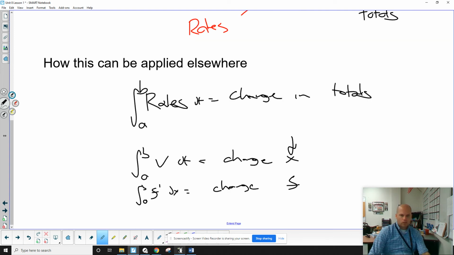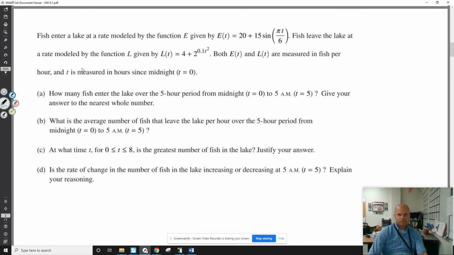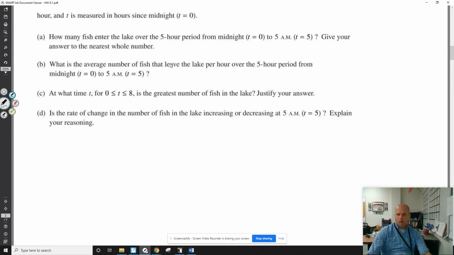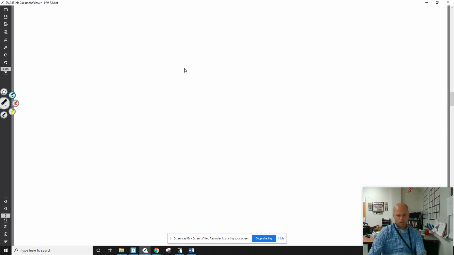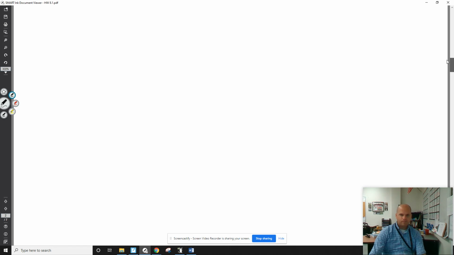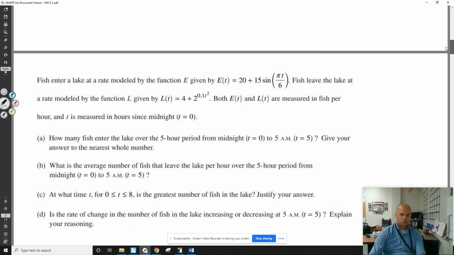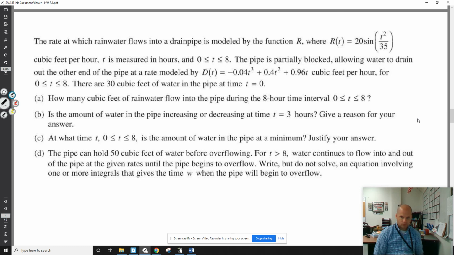Let's look at some problems that you're going to see on your homework. These problems, at first glance, seem extremely complicated and extremely wordy. I'm going to do the rainwater question.